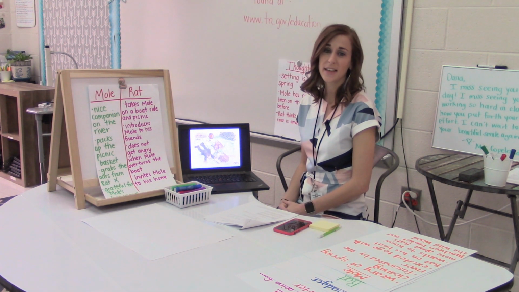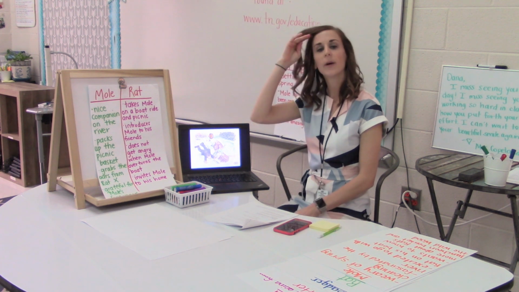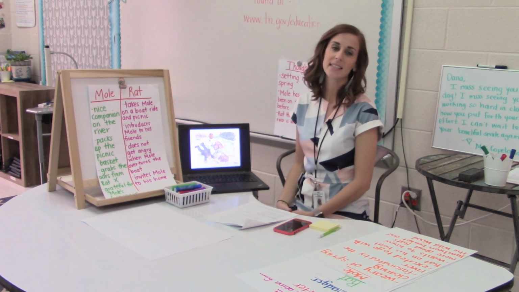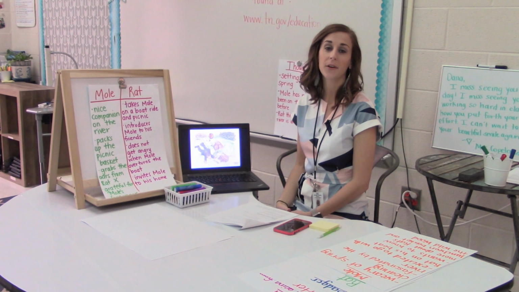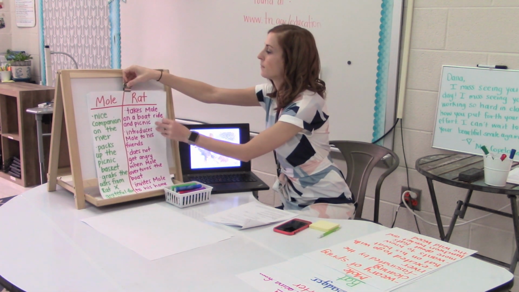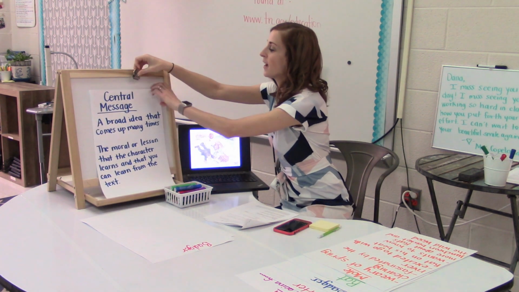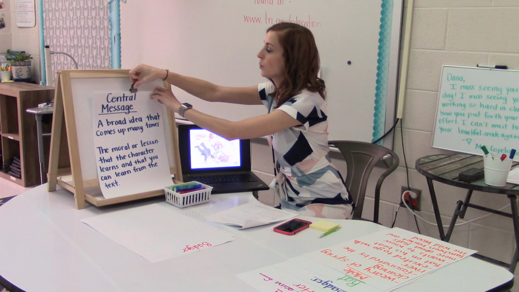Over the next few days, we will be learning about the central messages in The Wind in the Willows. You may have already studied central messages from other texts. A central message is a broad idea that comes up many times in a story.